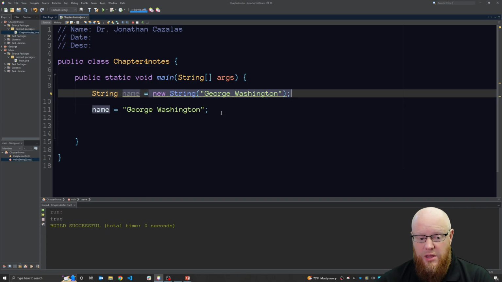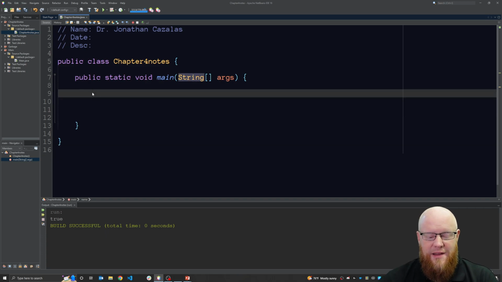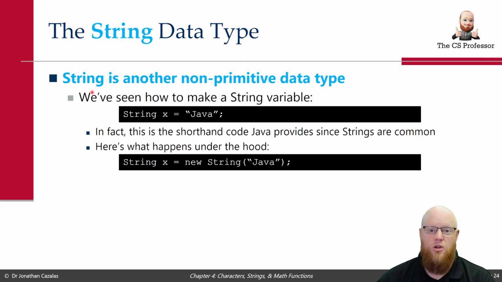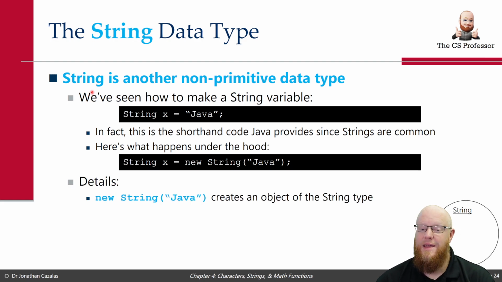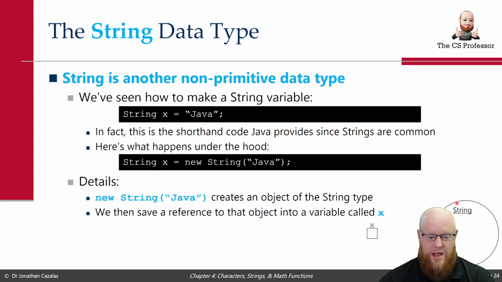The reason I'm showing you, though, is I want you to see that, in fact, strings are creating an object. So what's going on under the hood is Java's making a String object. It's putting this text, Java, in this example, inside the String object.